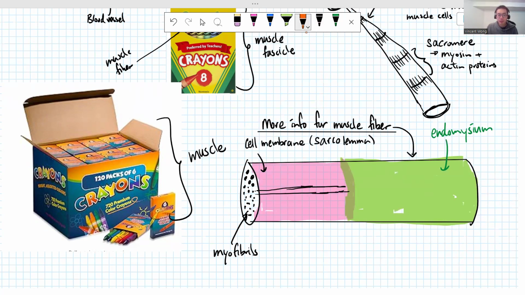These myofibrils are surrounded by the membranes, the endoplasmic reticulum. So those are sarcoplasmic reticulum. And what you have to know about these things is they contain calcium ions.